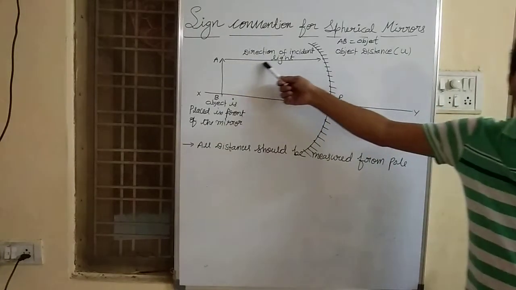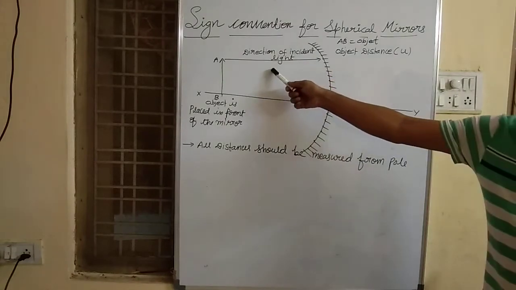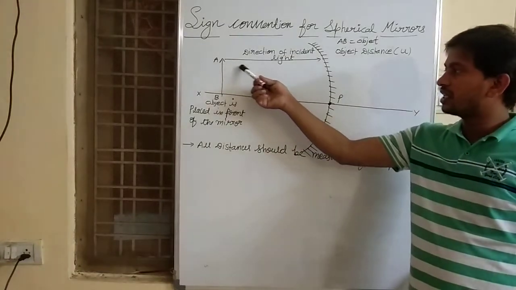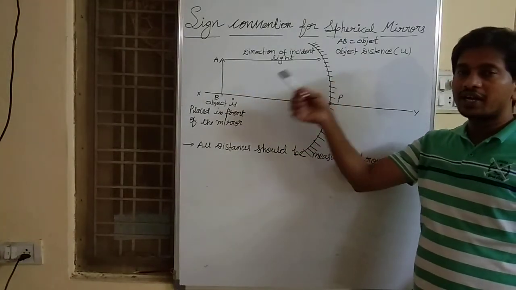Distances measured in the same direction of incident light are taken as positive.